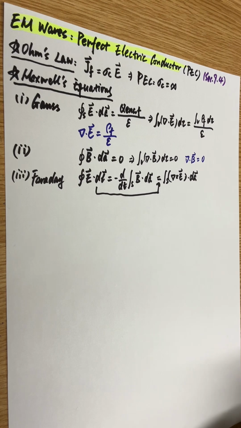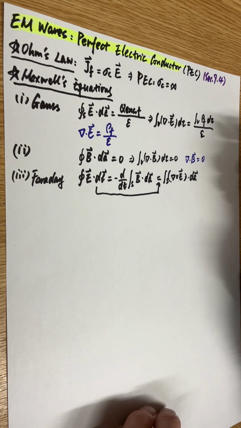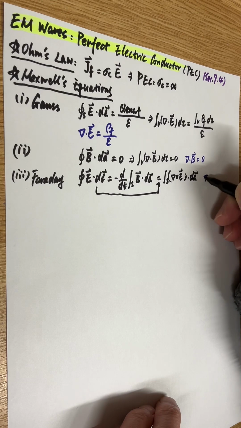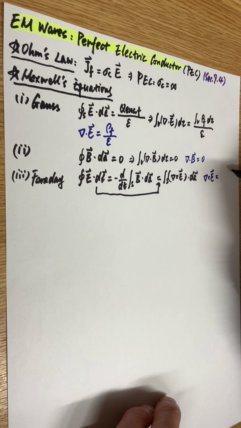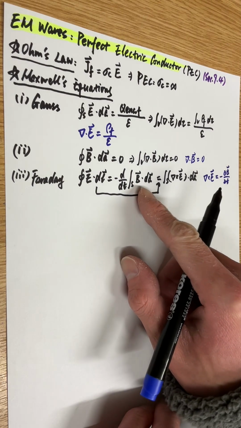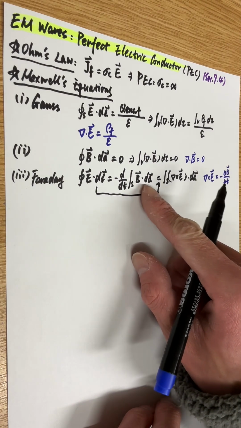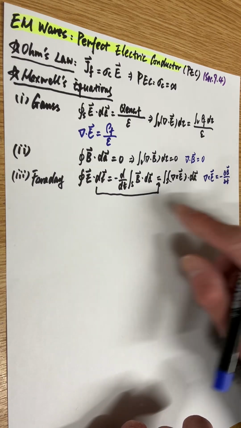We would have the differential form, which is the curl of E equals minus dB/dt. So this is a partial derivative because we put B inside of the surface integral. So B can be a function of x, y, and also t.